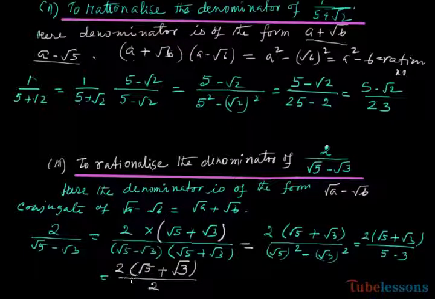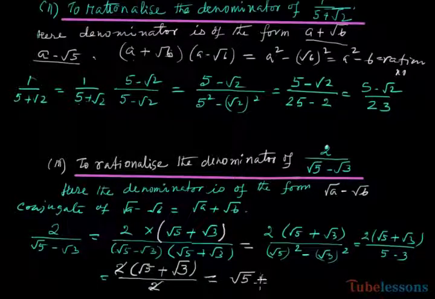Close the bracket. Now we are able to cancel these two. 2 and 2 cancel. So our answer is root 5 plus root 3.